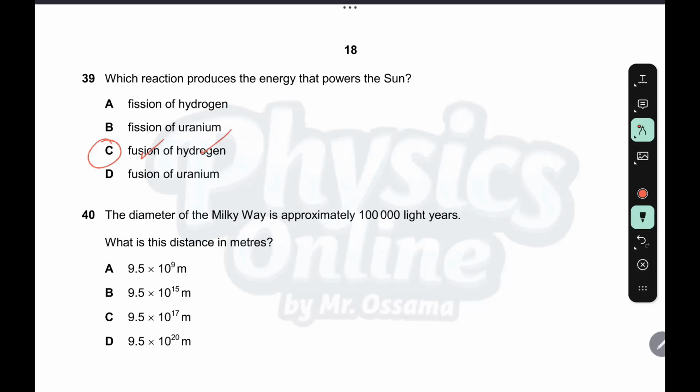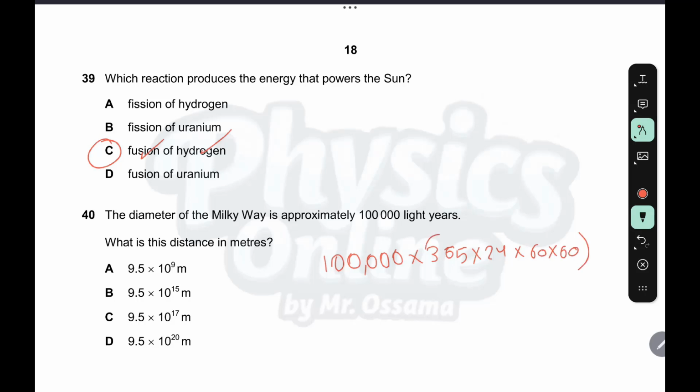The diameter of the Milky Way is approximately 100,000 light years. What is the distance in meters? 100,000 light years. So we need to convert years into seconds, and times the speed of light. Times 365 times 24 times 3600 times 3600.